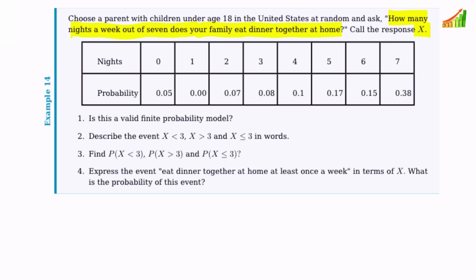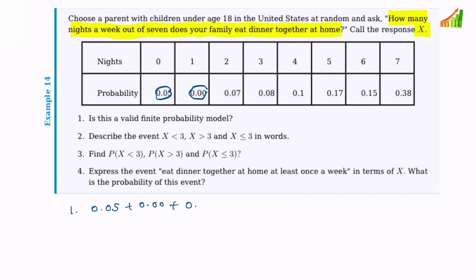Then you see the probabilities 0.05, 0.00, and so on. We have probabilities for each corresponding number. The first question: is this a valid finite probability model? How do we find out?